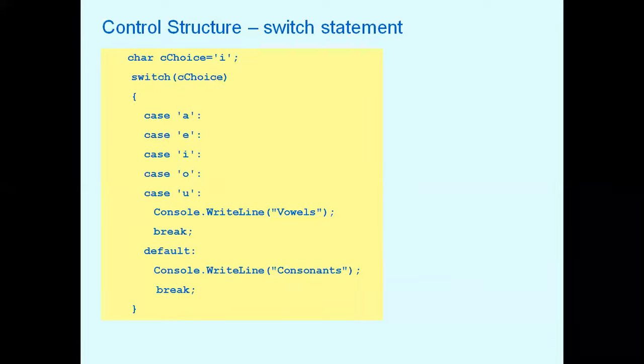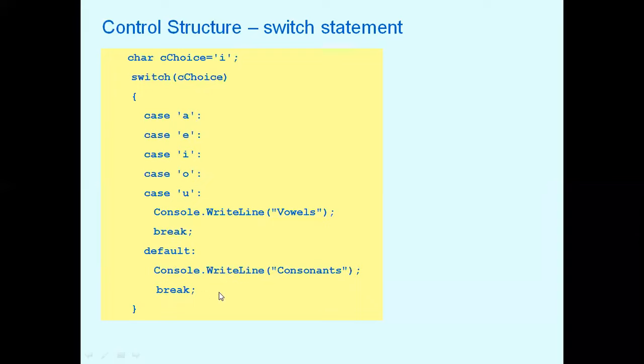Then break it. Other than A, E, I, O, U, if any other character is given, then it falls under default. So this also has a break. Every case uses break as the last statement.